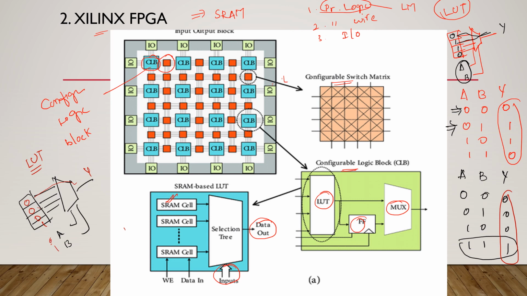If it is 01, it takes the second one. 10 means it will take the third data, and 11 means it takes the fourth data. So this is the way we can reprogram any kind of function by using a lookup table.